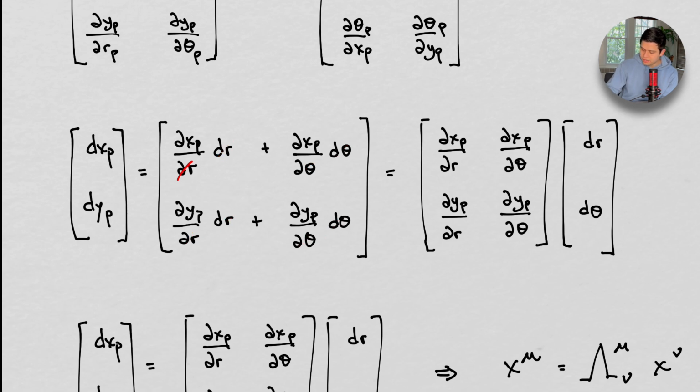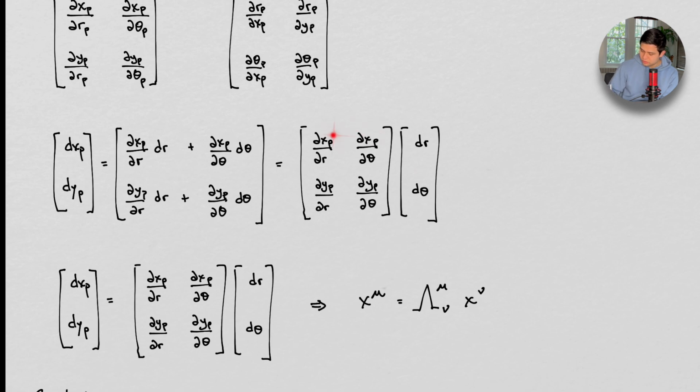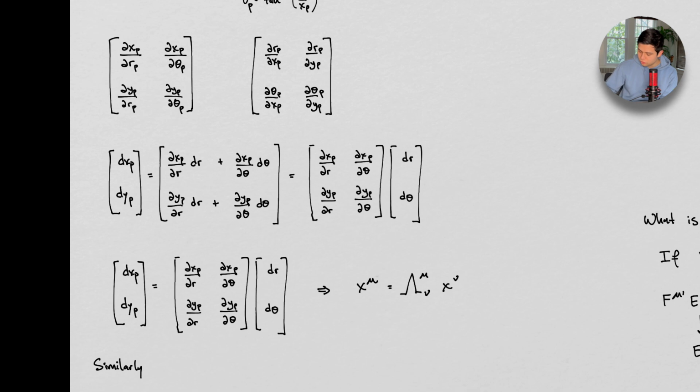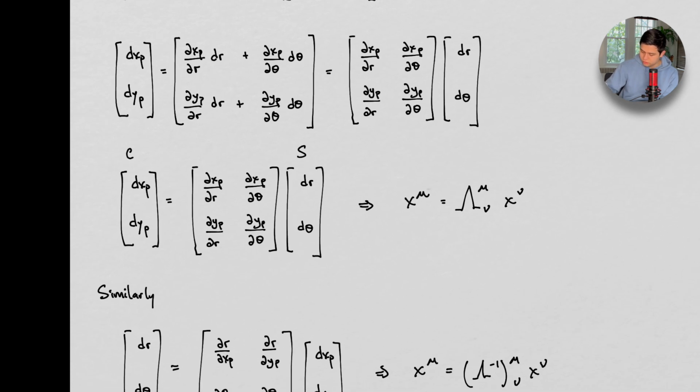But we can rewrite this this way, right here. The matrix looks like this, and this is our vector in the new coordinates, or in the spherical coordinates, right? So on one side of the equation we have Cartesian coordinates, on the other side of the equation we have spherical coordinates, and then this is the transformation between the two.